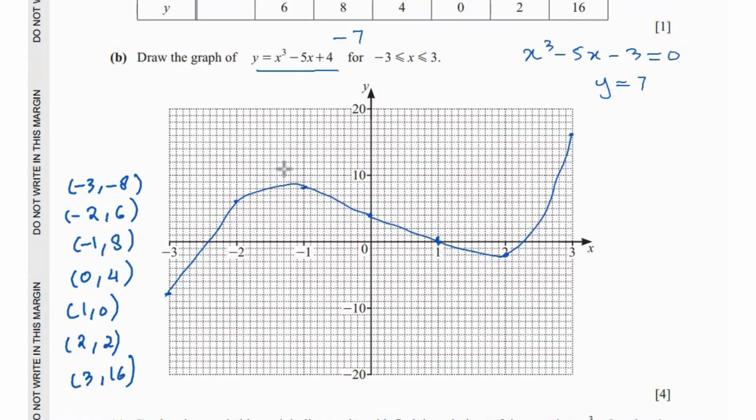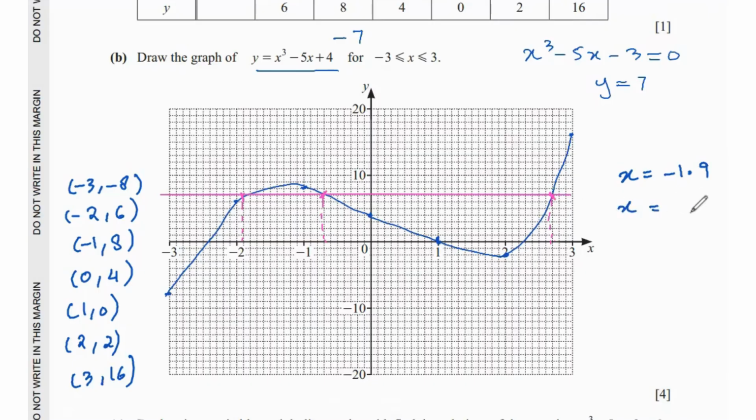So y equals 7 is 9, 8, 7. So we have 1 intersection point, 2 intersection points, 3 intersection points. This one, and this one. So that's negative 1.9.